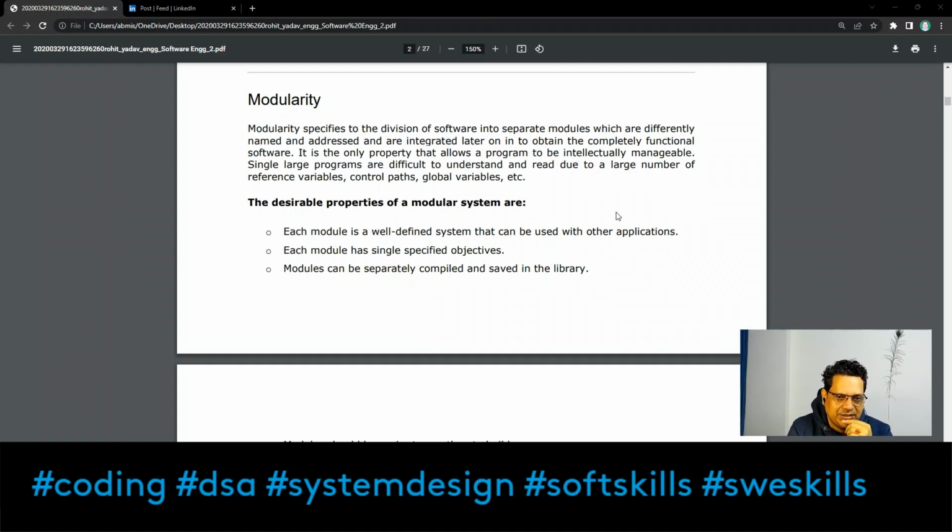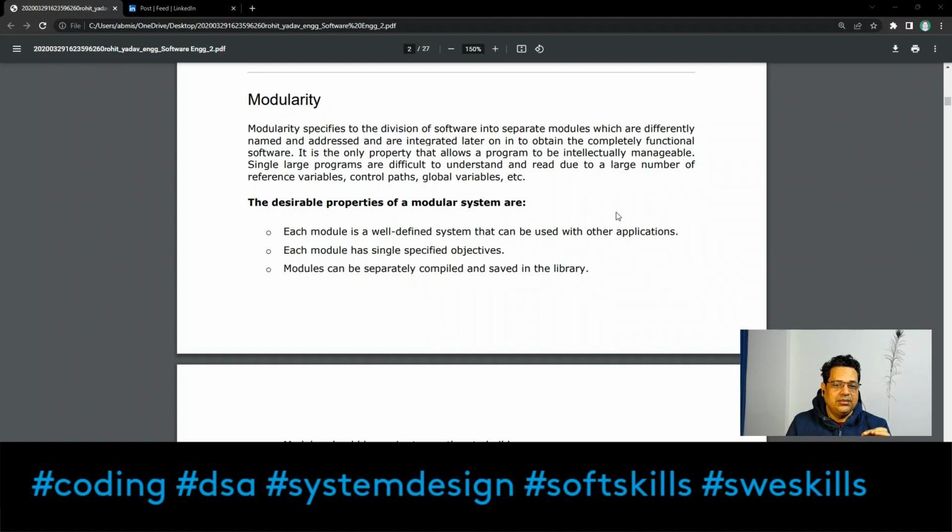But for now, I'm just sharing these things as per the current author's approach, from the content which I'm reading, right? So here modularity specifies the division of software into separate modules. So in a nutshell, let's try to understand quickly the modularity considered by this author.